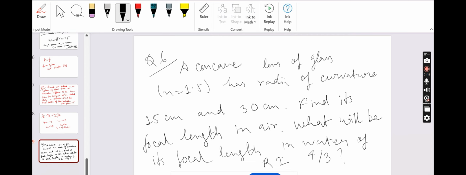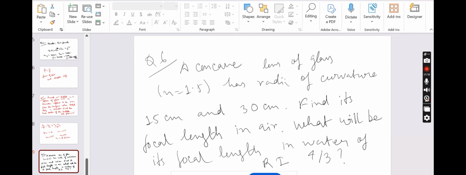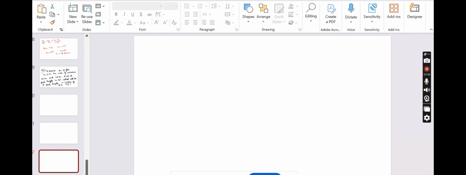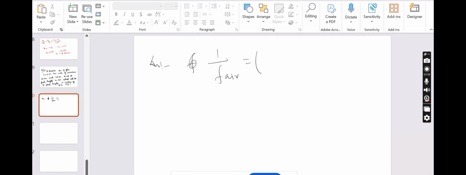So we need to first calculate, this is the second time we need to do this. First we need to calculate the focal length in air: 1 by f air is equal to 1.5 minus 1 into 1 by R1 minus 1 by R2.